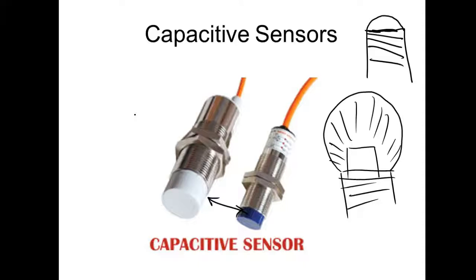A capacitor basically consists of two conductors that are separated by an insulator. Now, insulators have something they call a dielectric constant. So air in a vacuum has a dielectric constant of 1, and it's a pretty good insulator.